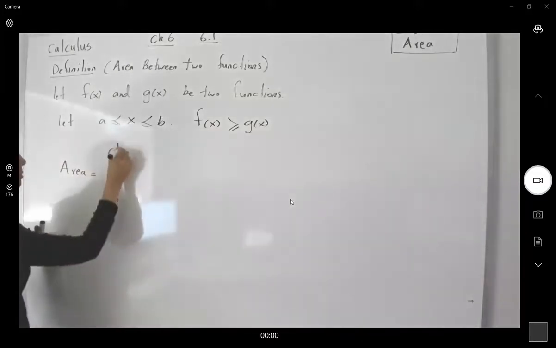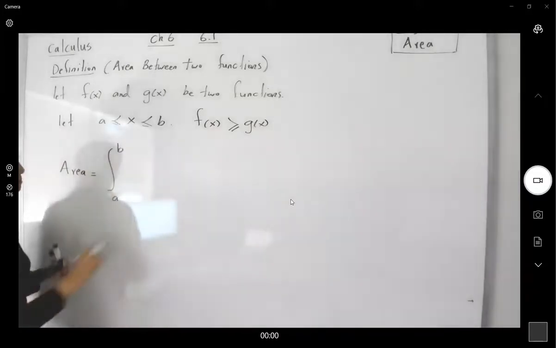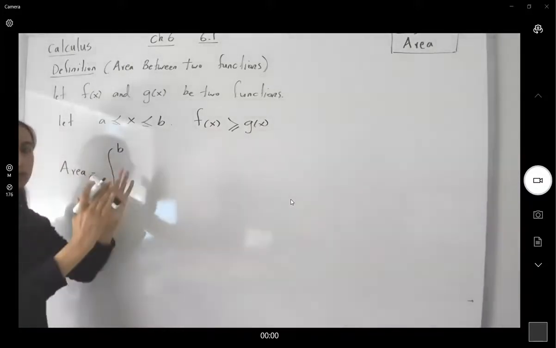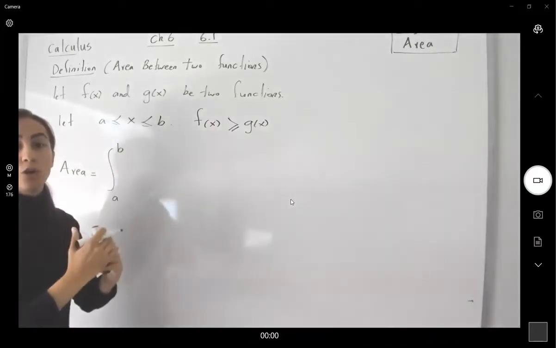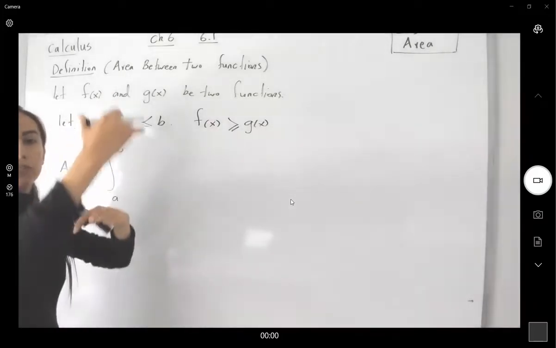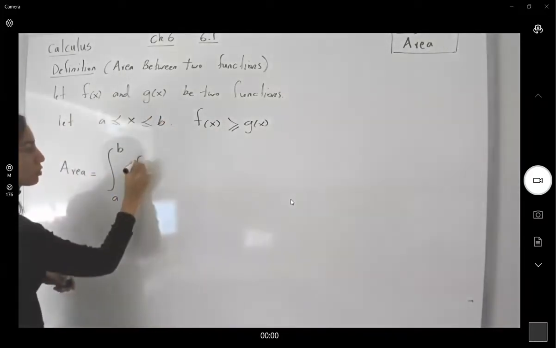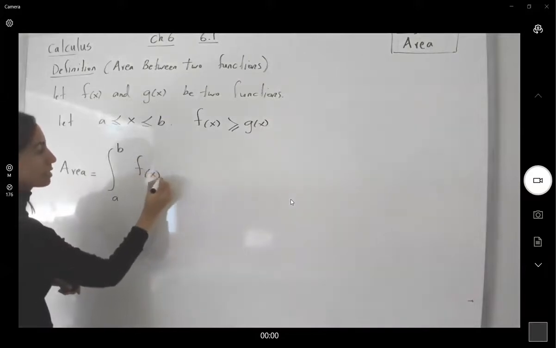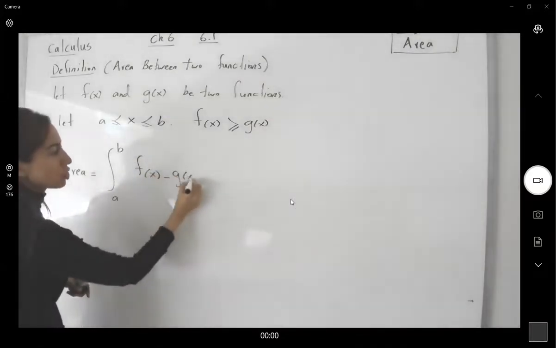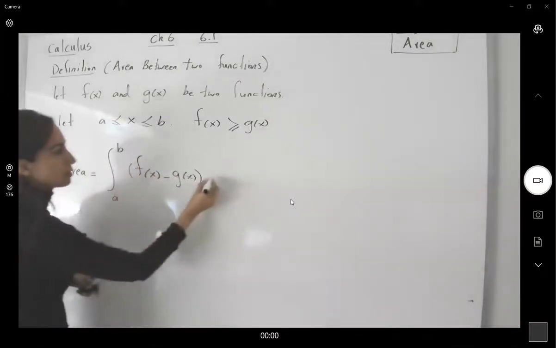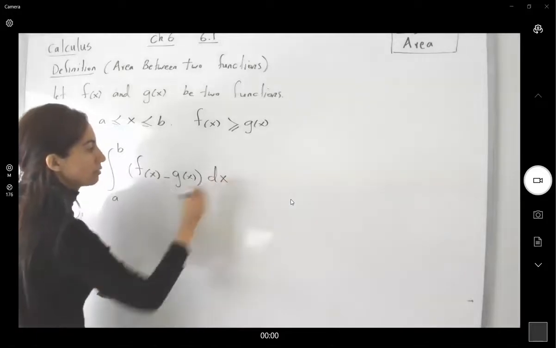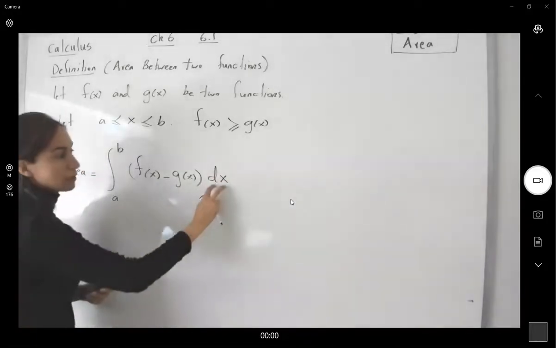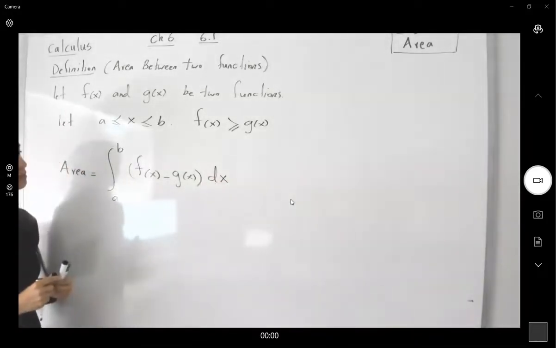So these are our lower bound and upper bound. And here, you're going to have your y value. Your y value is changing between f and g. So you're going to have f of x minus g of x dx. You're taking the integral with respect to variable x.